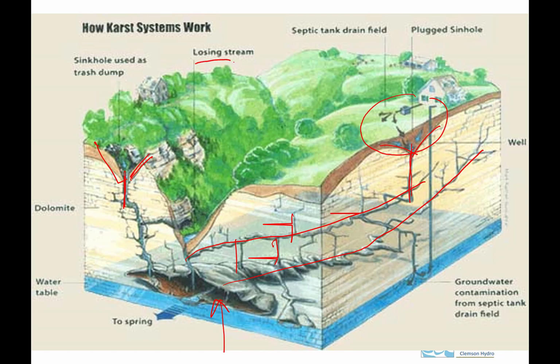Another important aspect of these kinds of regions is a losing stream. So that's shown. You can see a little bit of it right here. What happens is the stream is flowing down this valley, and then it reaches this conduit. The water table is here, so it's flowing along this valley because it's flowing along some low permeability materials, and it's actually perched above the water table.